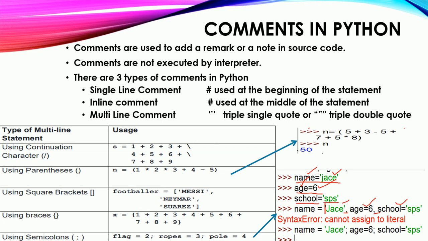If you use commas, it will show a syntax error, cannot assign to literal. You cannot assign the value to the particular variable. So what can we do? We can write name equal to Jess in the first line, and in this case it is okay. But after that we use a semicolon. Using a semicolon, different variables can be assigned in a single statement. Now I think you can understand.